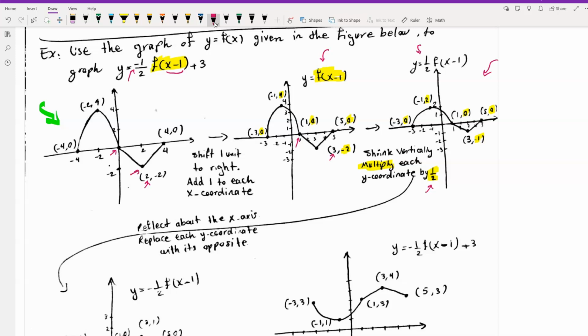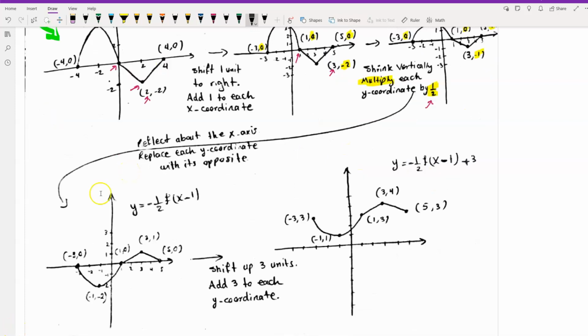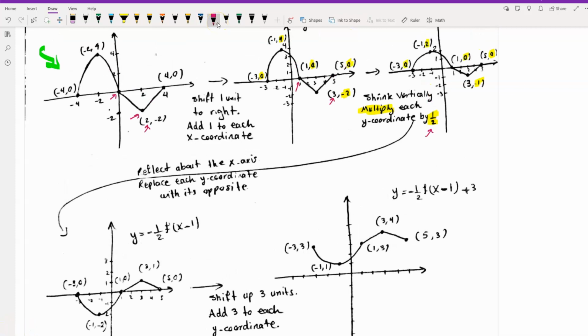So the next step is graphing y equal to negative 1 over 2 times f of x minus 1. So use the points that we had on the previous step, and then reflect all those points above the x-axis, meaning replace each y-coordinate with its opposite.